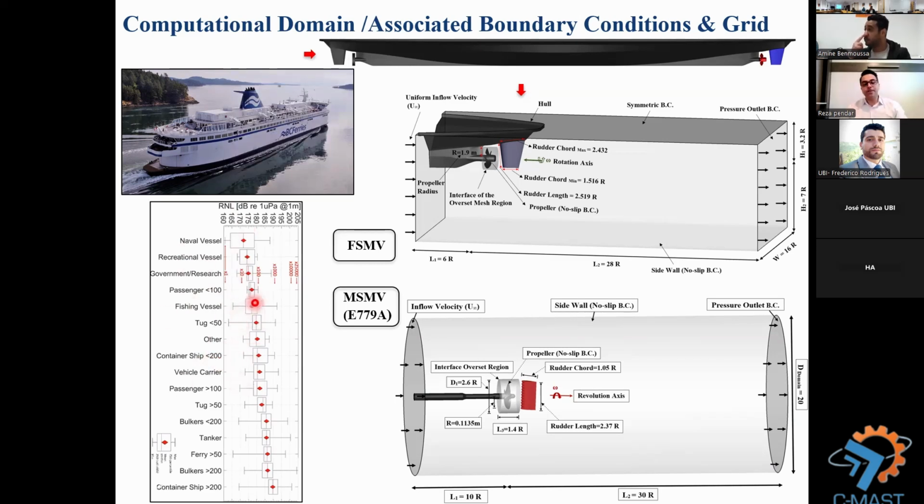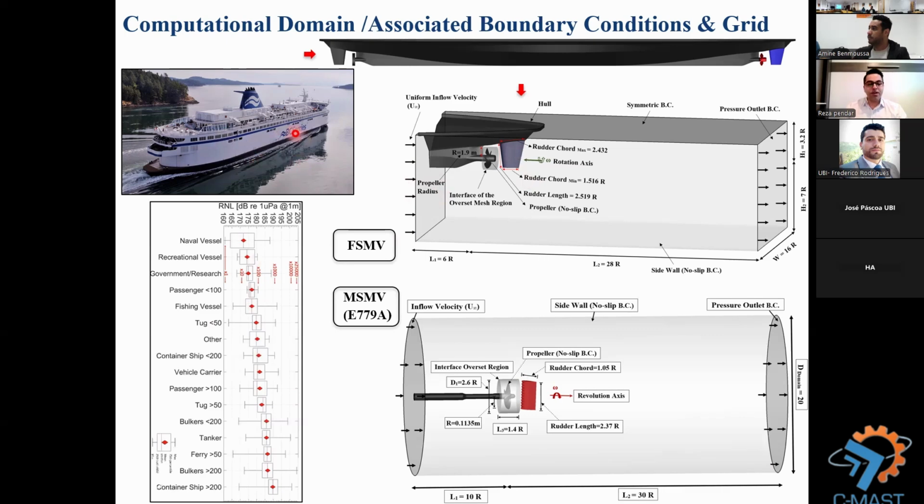To show the versatility of our modeling, we consider two types of vessels: large size vessels, BC Ferries, which operate mostly between Victoria and Vancouver.